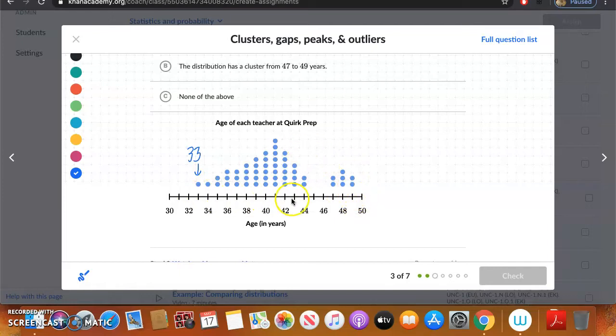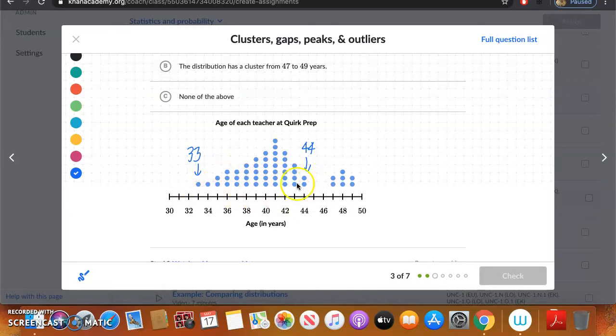But up to 44, the majority of the data has been pushed up to the left side here. It looks like it's sort of skewed left, right? It looks like it tails off to the left side.